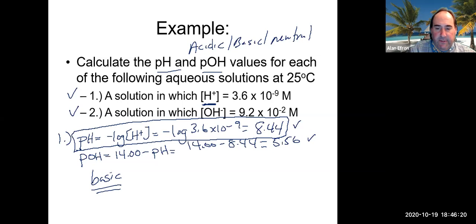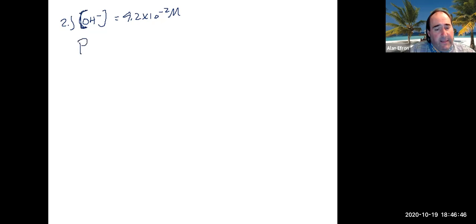Now, if we look at number 2, in this case we have the OH minus concentration given to us. So in this particular case, we have 9.2 times 10 to the minus 2, it looks like. Now, here you cannot go directly into the pH, but because we have the OH minus, we can go into the pOH, and that would be minus the log of the OH minus concentration. That's going to be minus the log of 9.2 times 10 to the minus 2.